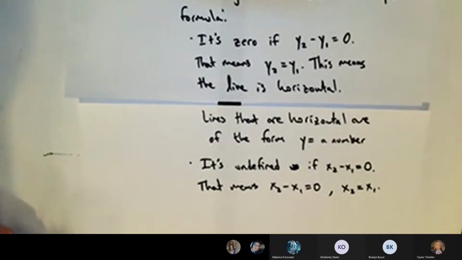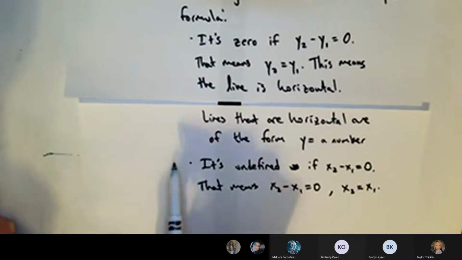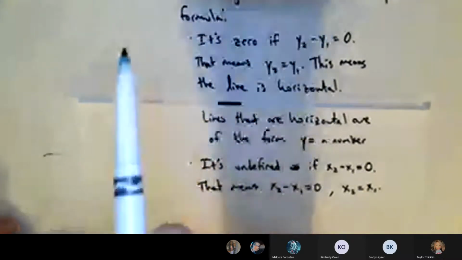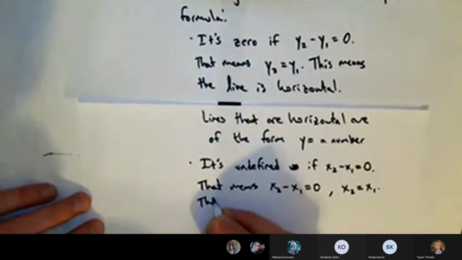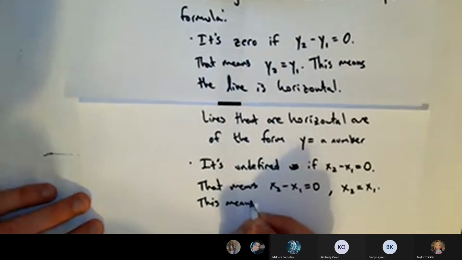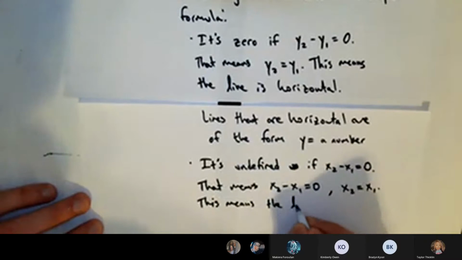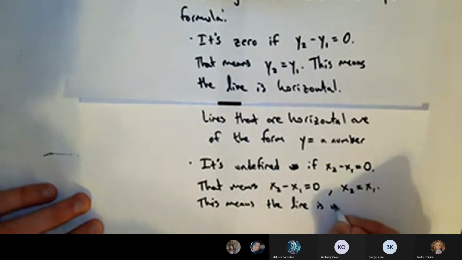If all the x values are the same, so if I take a point on the graph and then I take another point, but its x value isn't changing, that means the line is just going straight up and down. It's stuck at some x value. This means the line is vertical.